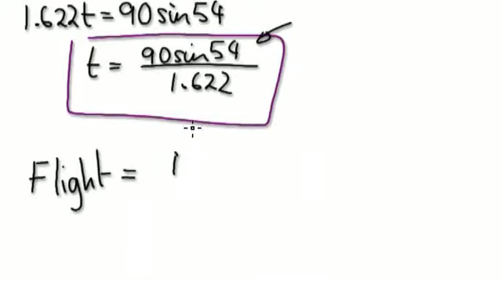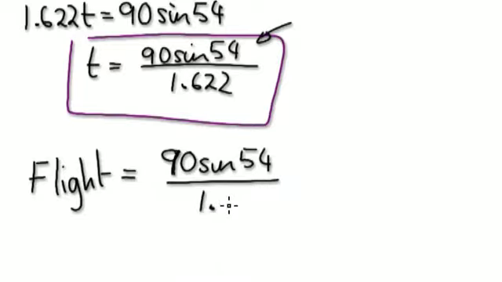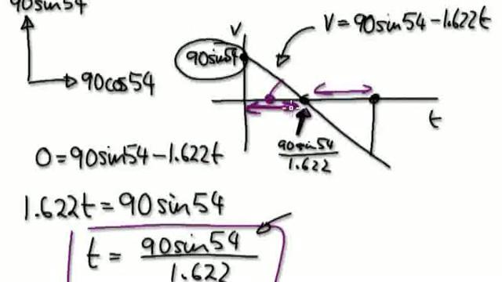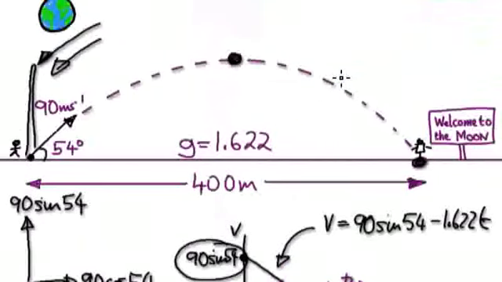So this will be 90 sine 54 over 1.622, and then we're going to times it by 2, because if it takes this amount of time to get to T max, then this will be the same. My point is that the time it takes to get from here to here will be the same as the time it takes to get from here to here.